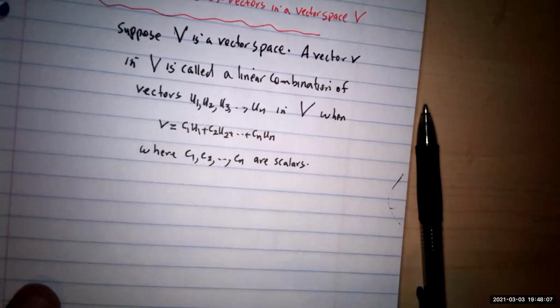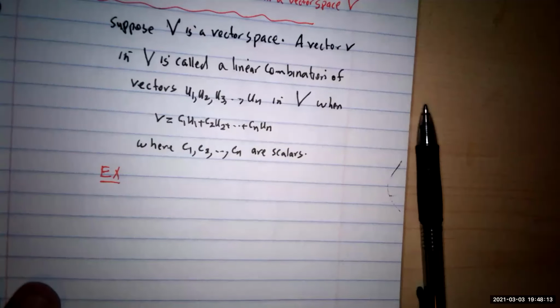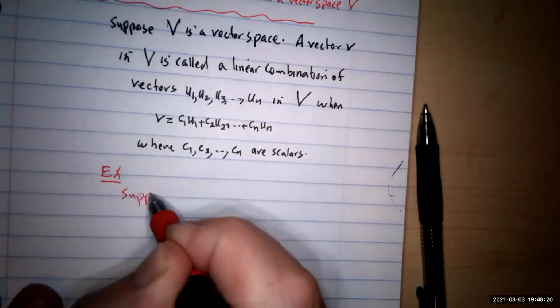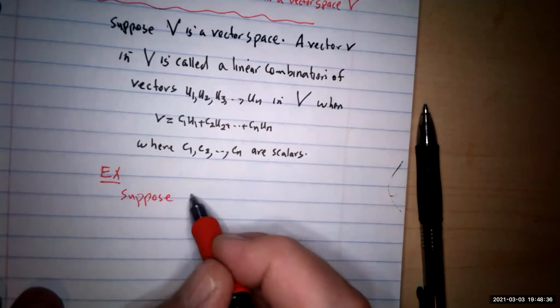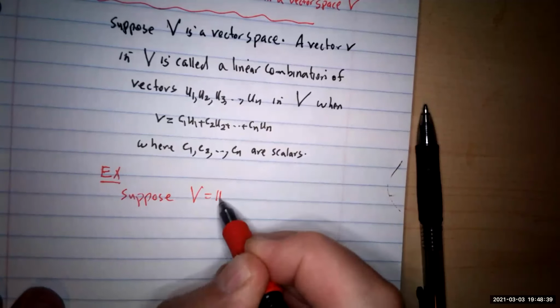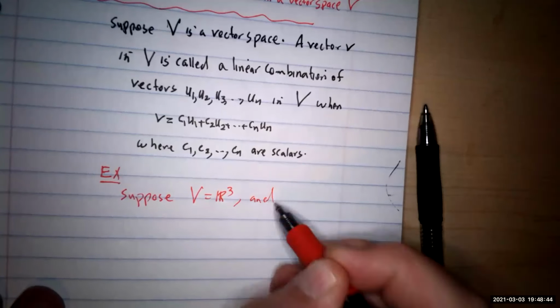Let me give you an example first. So look at this example. Suppose the vector space in question is R3, and we have three vectors.